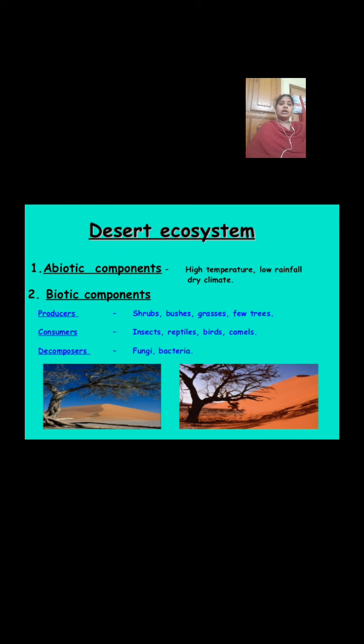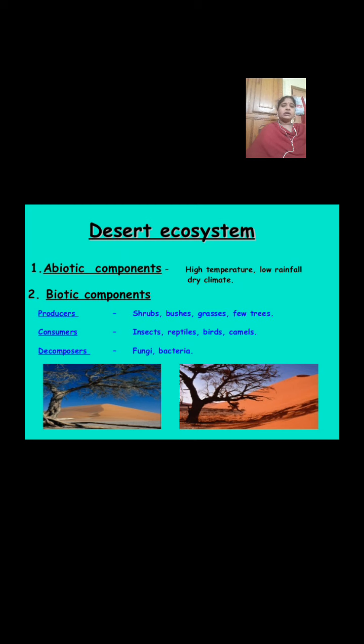Now, even though the climatic conditions in the desert are very hot, no doubt decomposers are required, because as plants and animals are present in the desert, okay, population is less, but when they die they need to be decomposed. If they don't decompose, the dead bodies remain on the earth and it becomes unhygienic and causes many diseases.